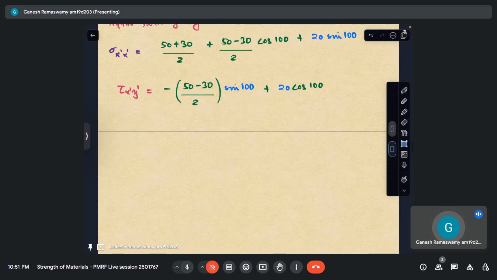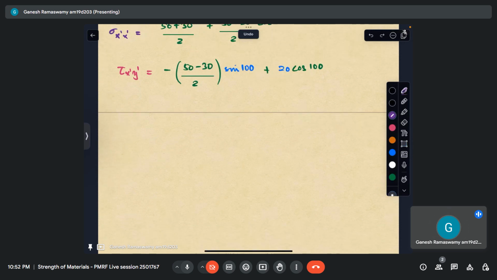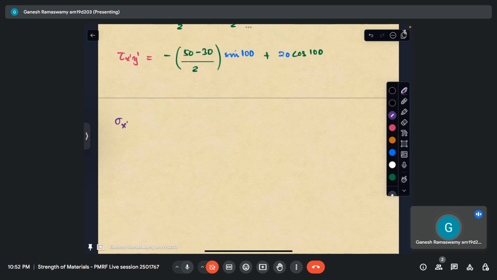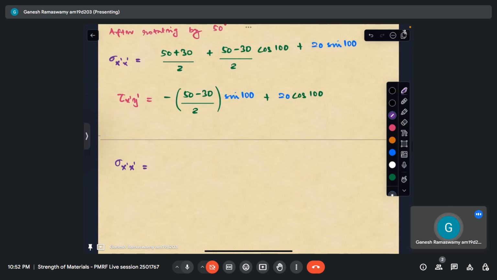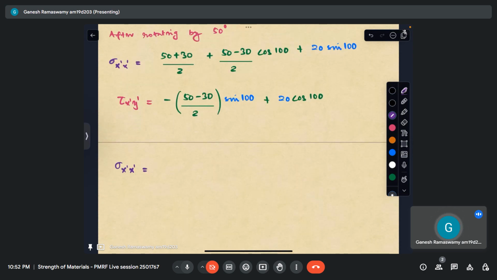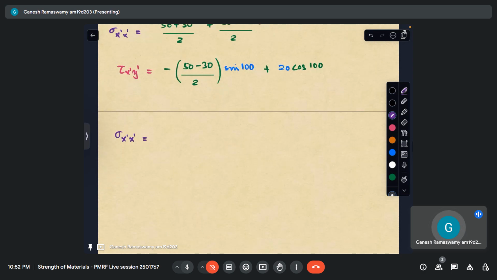So what does that come out to be? We will have sigma x prime as 50 plus 30 by 2 plus 50 minus 30 by 2 into cos 100 plus 20 sin 100. So this comes out to be 57.96.